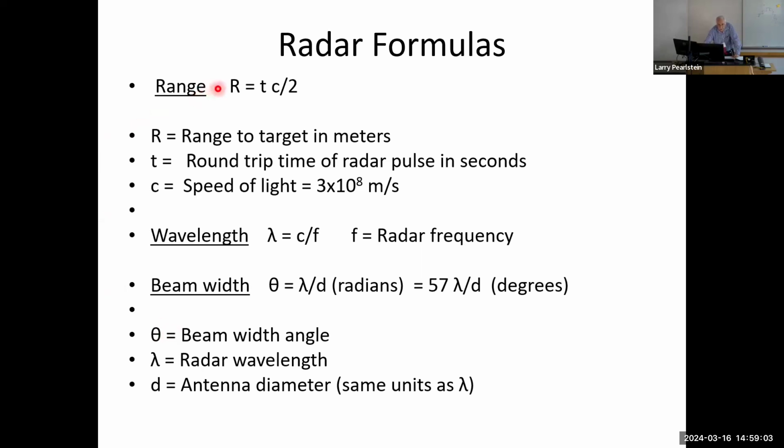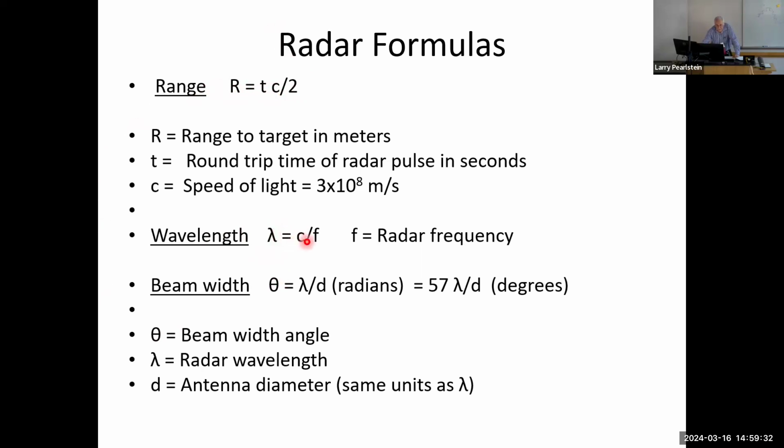The range equals time times the speed of light, which is 3 times 10 to the 8th meters per second. Nice, easy number to remember. Almost exactly 3, by the way. 2.998 something or other, but it's 3. And divided by 2 because it's a round trip. Wavelength is c, speed of light, over f, frequency.